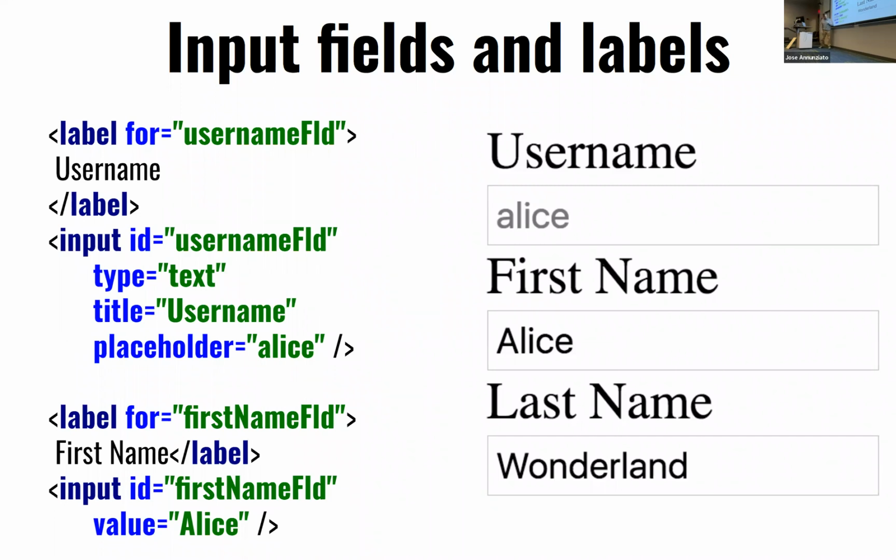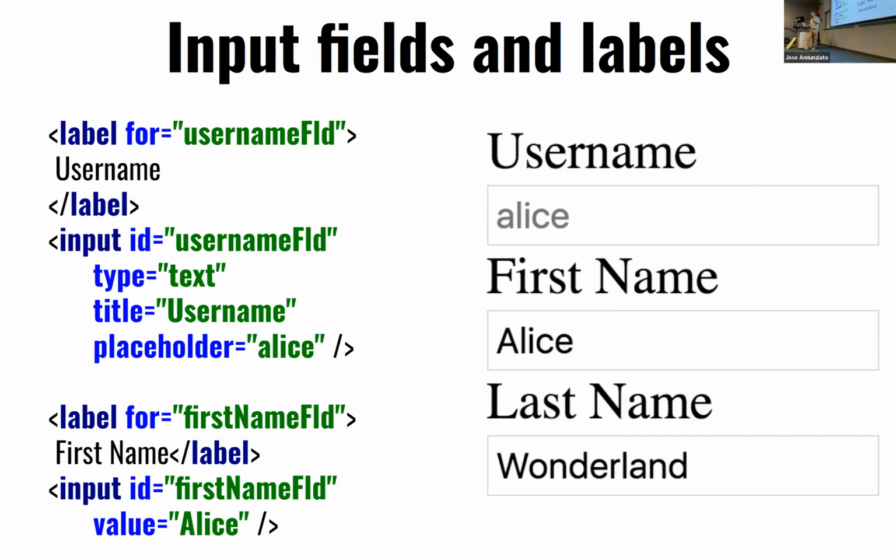Also, we start seeing some uses of what we call attributes, ID, value. Those are attributes, and those are used for configuring the behavior of that element. It's saying that the unique identifier for this particular tag is first name field. I am uniquely identifying this element. I'm giving it an ID, not a name, because you can also give it a name, and those are different.